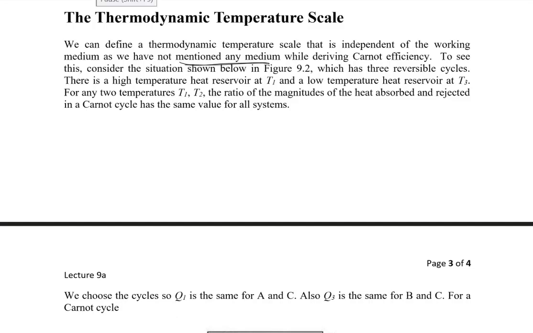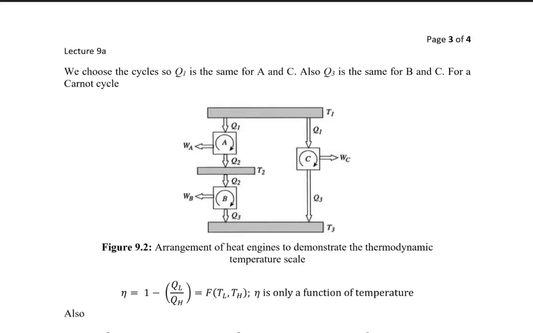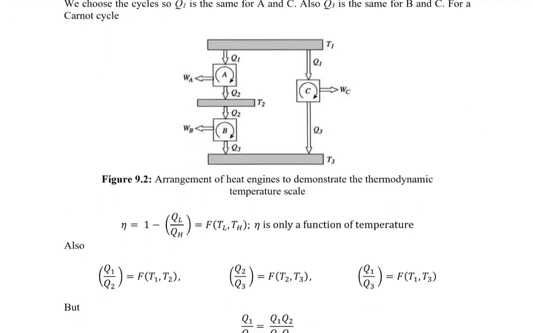To see this, consider the situation shown in Figure A, where we have different heat reservoirs. We can have a high temperature reservoir, T1, a low temperature reservoir, T3, and a medium temperature reservoir, T2.